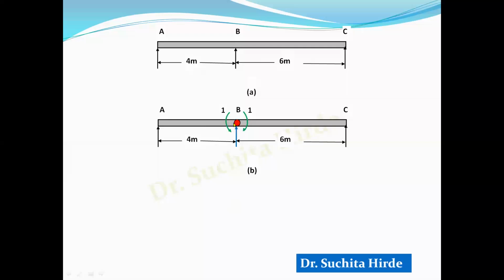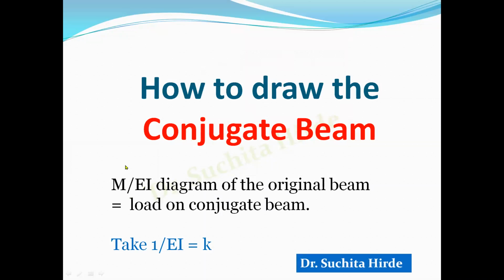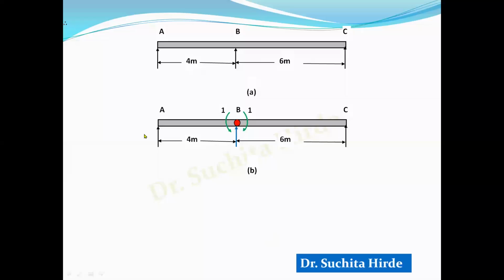So we have removed the bending capacity at section B by introducing a hinge here, and now we will see how to draw the conjugate beam for this. We know that the M by EI diagram of the original beam is the load on the conjugate beam. So we will consider 1 upon EI is equal to K. As I told you, we are drawing the conjugate beam for this case.